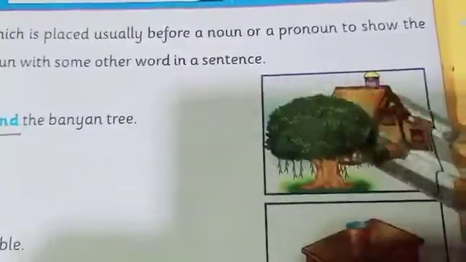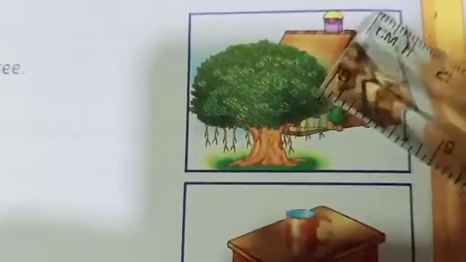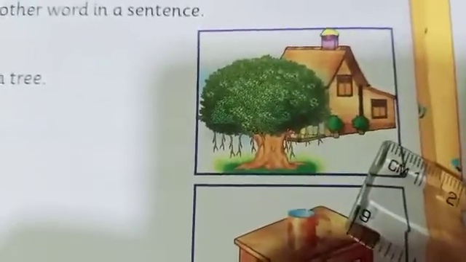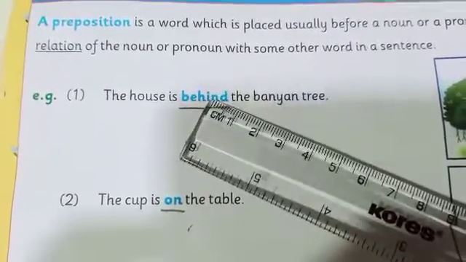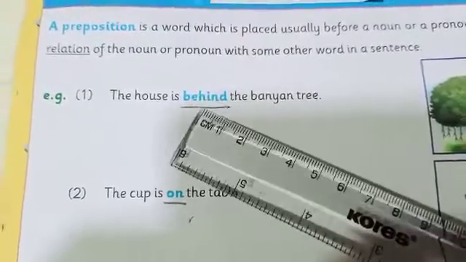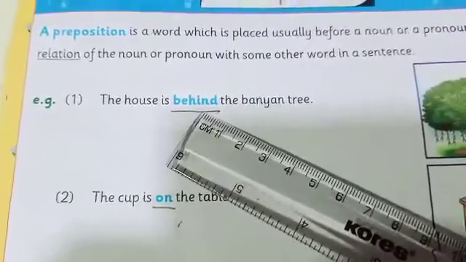Now this is not just the tree, but it is specifically a banyan tree, right? So the house is behind the tree, correct? You can see the picture very clearly. So behind is a preposition, okay? Remember that. I have underlined this. So behind is the preposition.